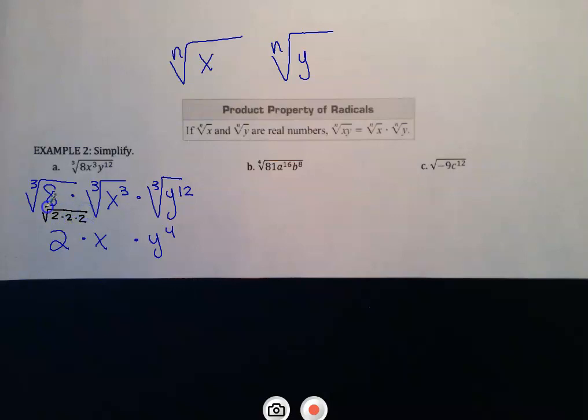Wouldn't 8x cubed be one term, like in the original expression? Yes, it is one term when we're talking monomial versus binomial, but the cube root applies to each part of the term, just like when we do division. We can apply it to each part of it.